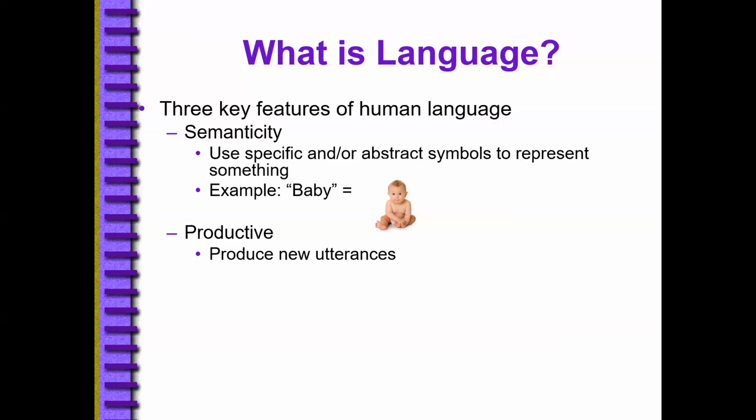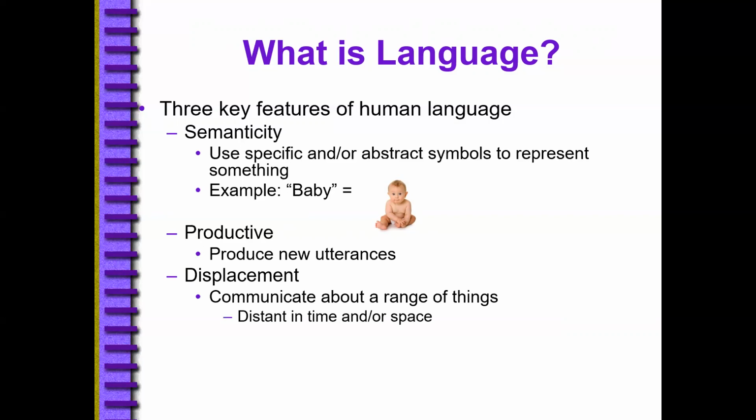Another key feature of human language is displacement, that you can communicate about a range of things that are distant in time and or space. So you're not limited to the right now, talking about things that you can see right now, but you can think about things in the future.